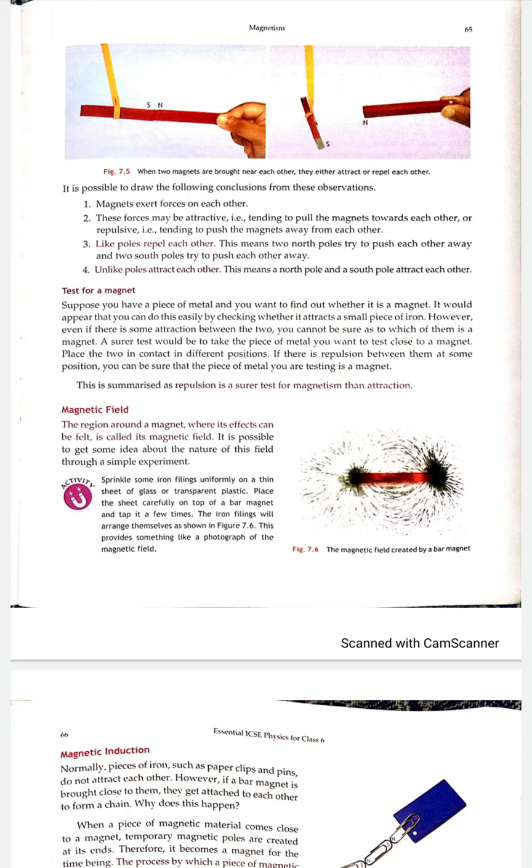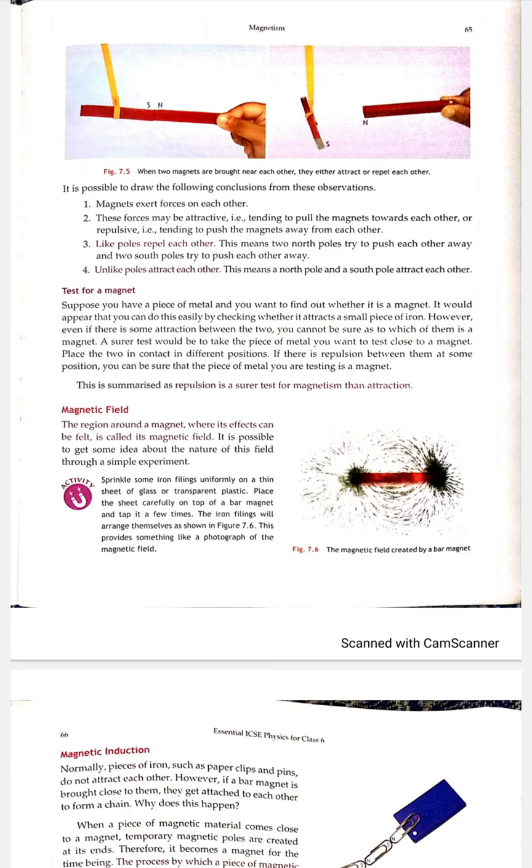Suppose they tend to attract each other. Now we reverse the pole of the magnet and we bring it close to the same end of the metal. If in this case it is showing a repulsion, this makes us sure that the material given to us is not a magnetic substance, but it is a magnet itself.